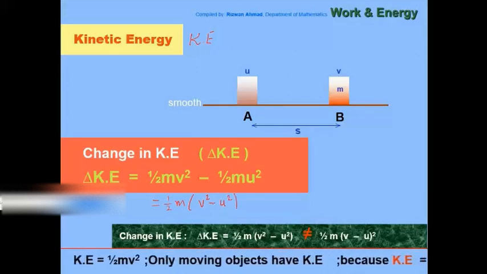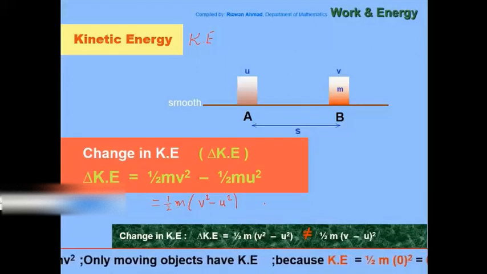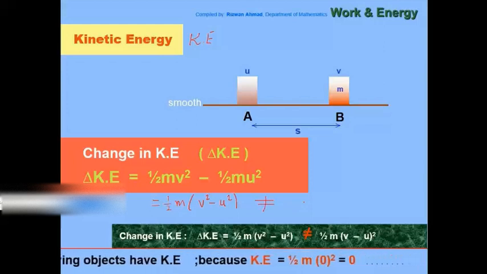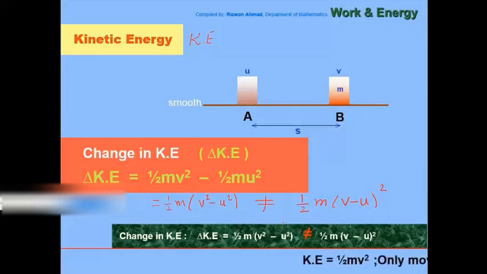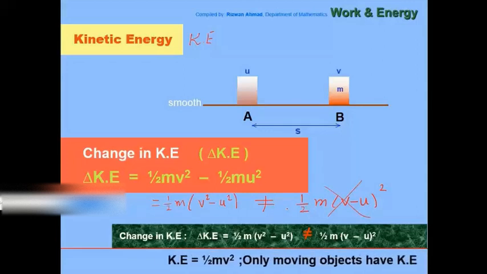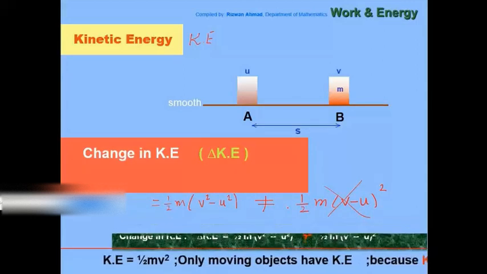You can do this as a short working. But this will be wrong if you do half times the difference in the speeds and then square. So this is the change in the kinetic energy.